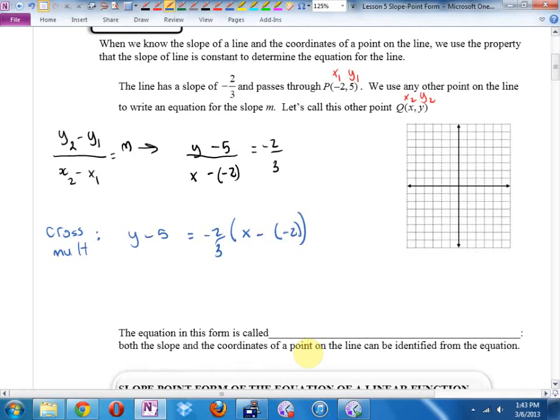Y minus 5 equals negative 2/3 x minus minus 2. Now, I wouldn't really write it as x minus minus 2. How would I write that instead? What's a minus minus the same as?